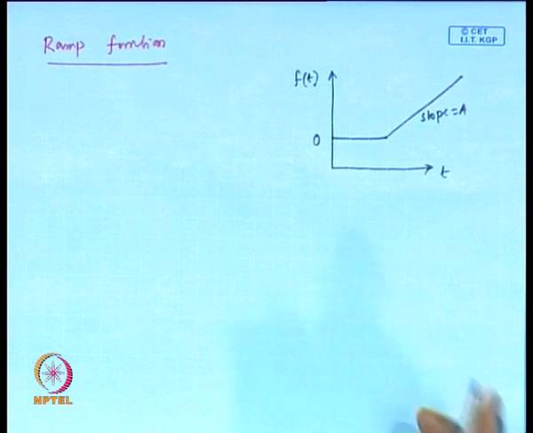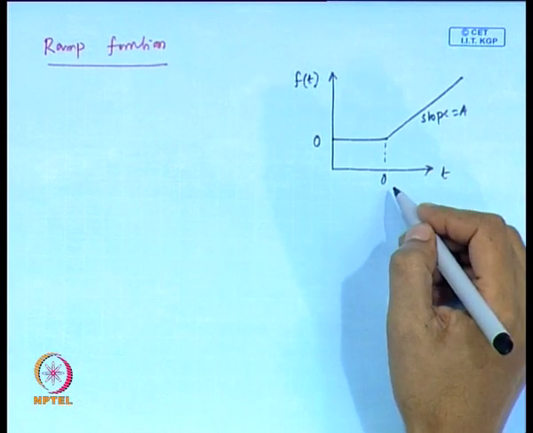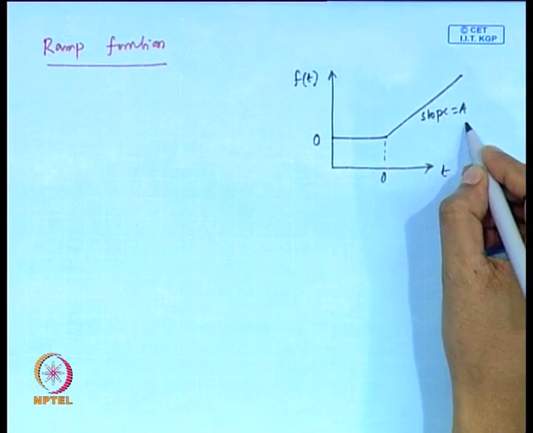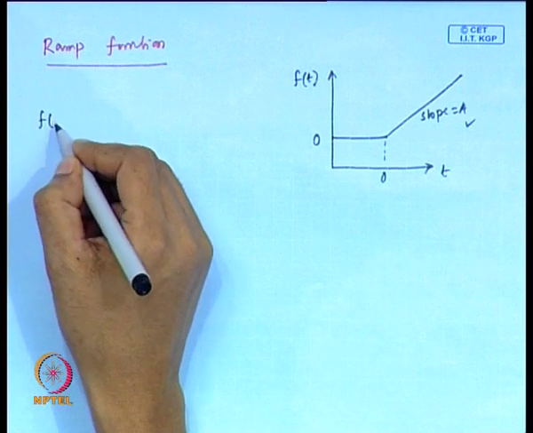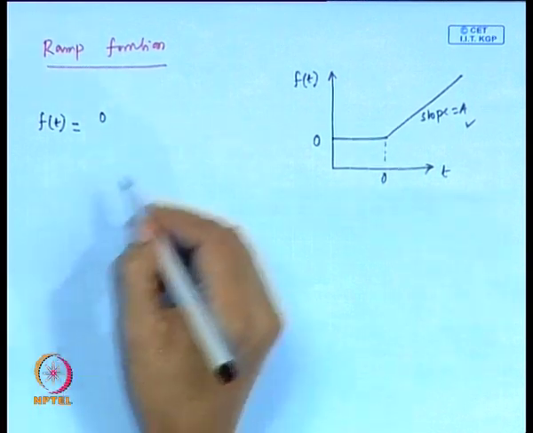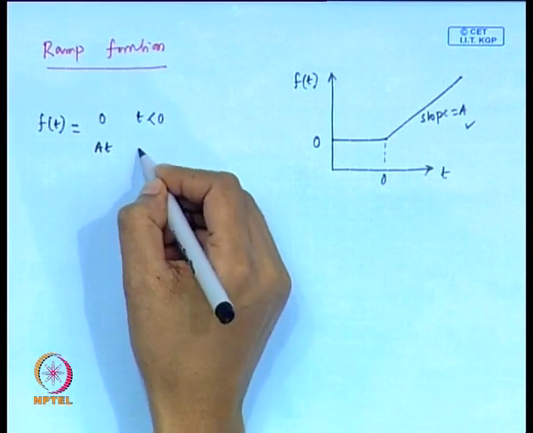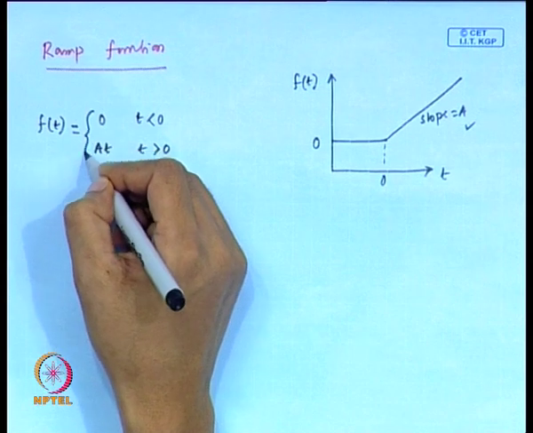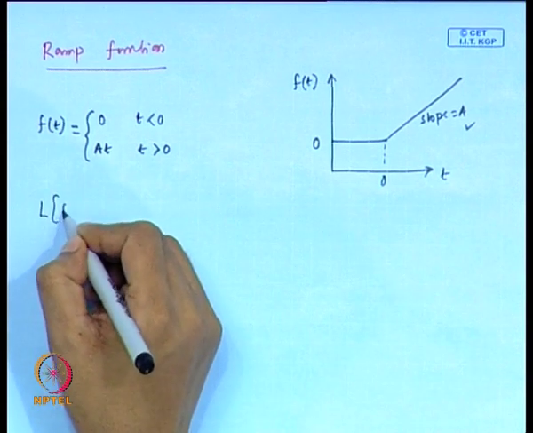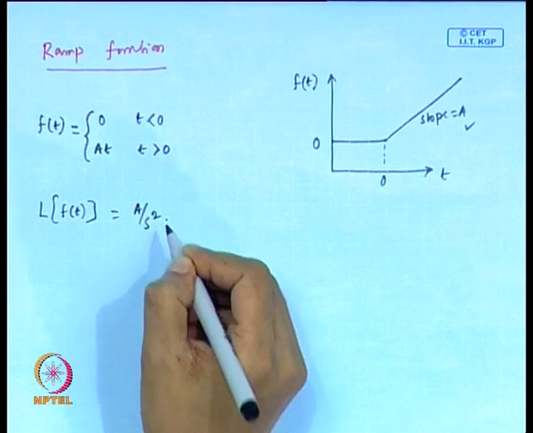Initially it is 0, and at time t equals 0 it changes linearly with slope a. So, if f(t) is the ramp function, then it is 0 when t is less than 0, and it is a t when t is greater than 0, and the Laplace transform of this is a by s square.